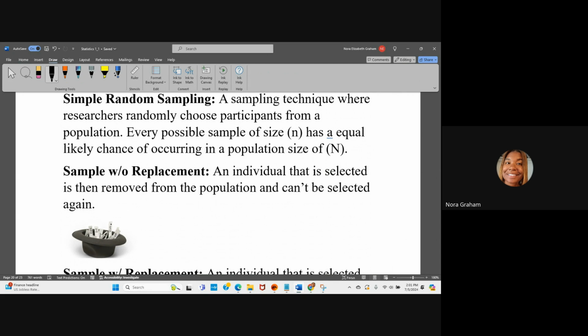I pull a name out of the hat, and I leave that name out. Then for my next draw, I select another name out of the hat. But the name that I picked first is not going to be considered in my second draw from the hat. So that's without replacement.